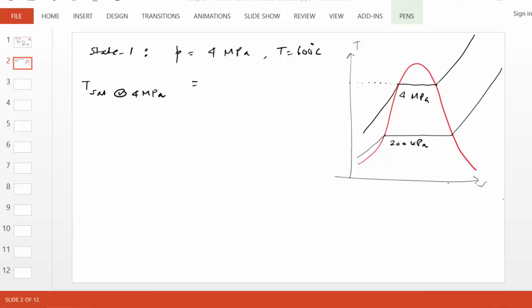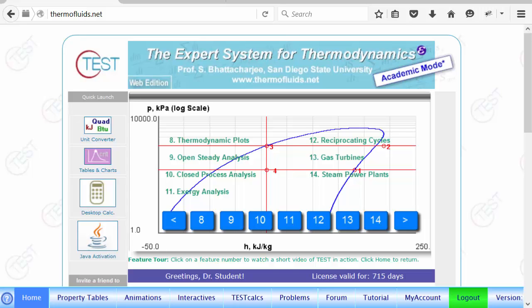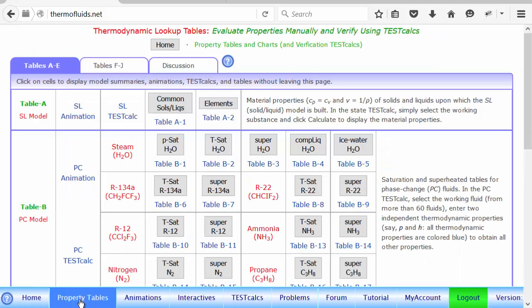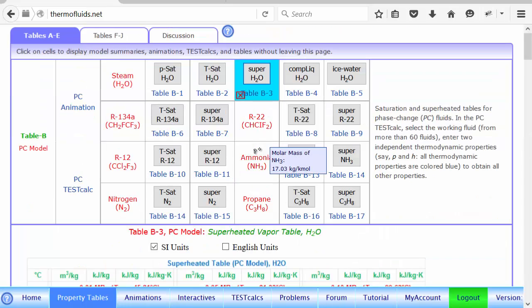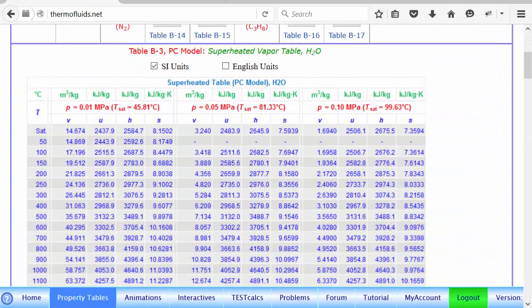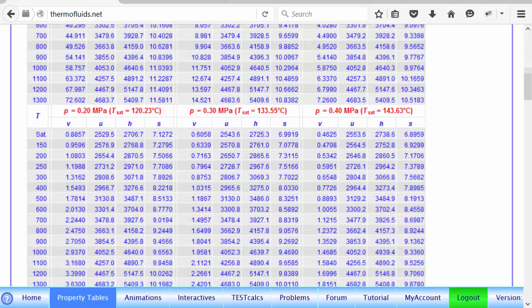For that we go to the table. Let's go to property tables, PC model. Table B is the PC model, and to find the saturation temperature you could go to PSAT, but we know the turbine inlet probably is going to be superheated. Another tricky way of finding the saturation temperature is to directly go to the superheated table, and our pressure is 4 MPa.